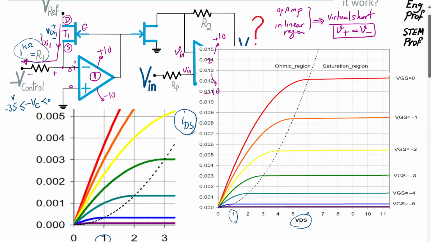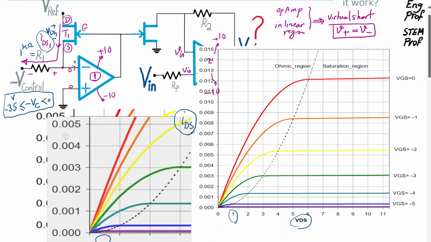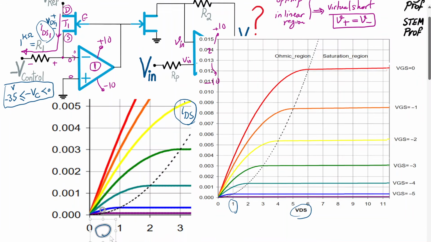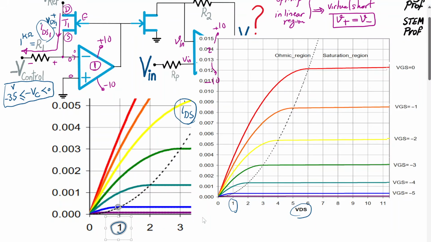With R1 at 1 kilo ohm and with V control between 0 and negative 3.5, obviously IDS can be easily computed, and I'm going to show it here. So let me just maybe shift this so that there is enough space to show the IDS.